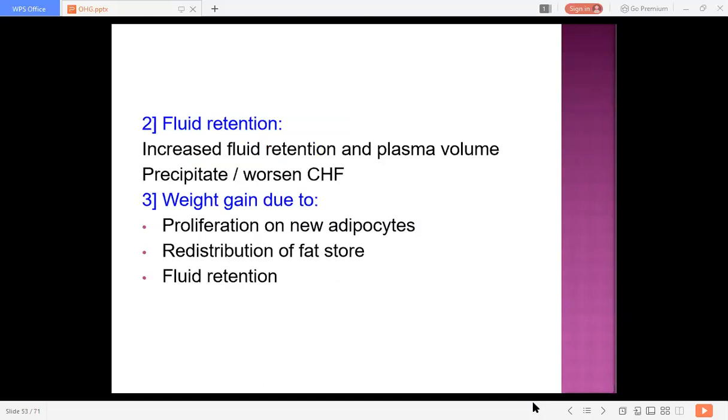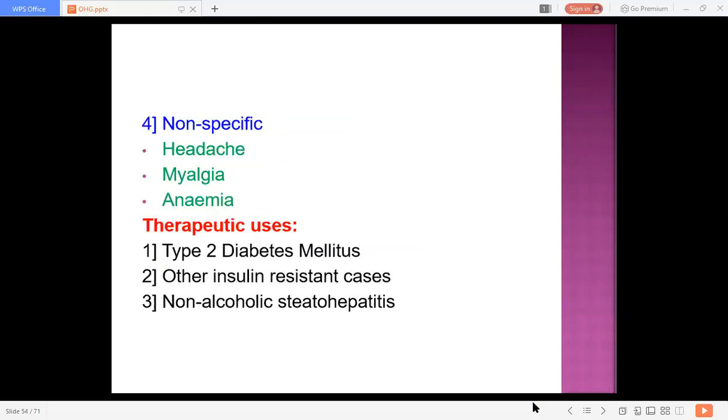There is increased fluid retention and plasma volume, and weight gain due to proliferation of new adipocytes, redistribution of fat store, and fluid retention. Non-specific effects include headache, myalgia, and anemia. Therapeutic uses of glitazones: type 2 diabetes mellitus, other insulin-resistant cases, non-alcoholic steatohepatitis.